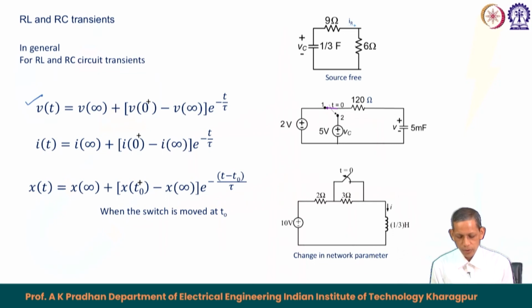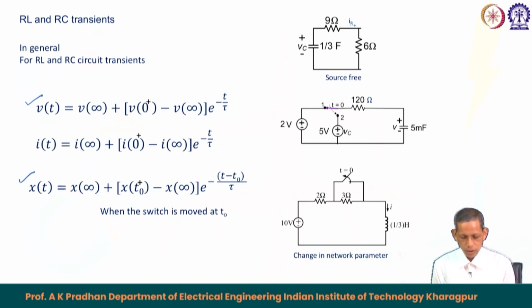Similarly, for I(t), I infinity + (I naught - I infinity) e to the power minus t by tau. We generalize, whether it is voltage or current, as x(t) = x infinity + (x(t naught) - x infinity) e to the power minus (t - t naught) by tau, where t naught is the corresponding switching instant.